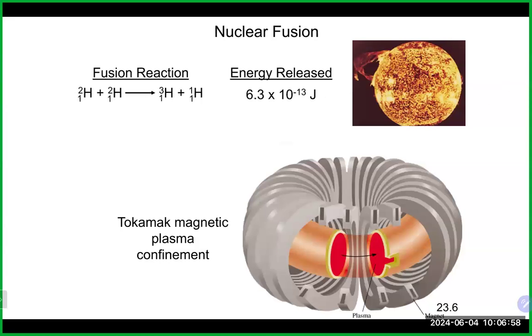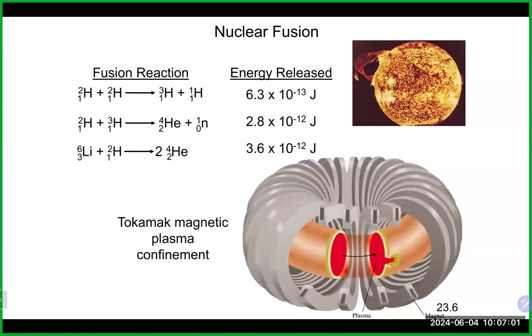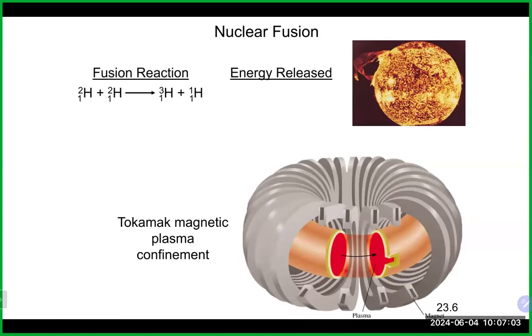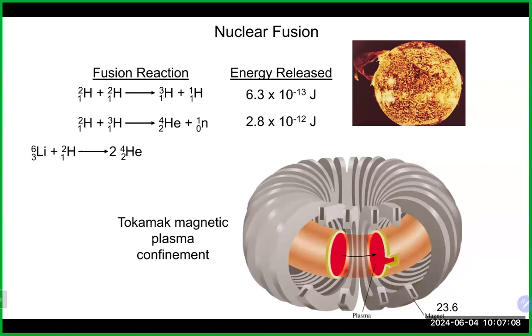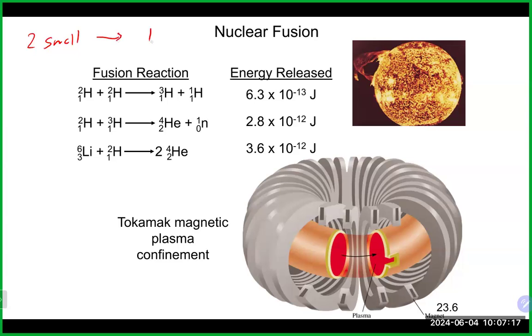Now, fusion, on the other hand, is a little bit different than fission. Fusion is when you take two smaller isotopes and put them together to make one. You combine them, and it occurs at very, very high temperatures, like sun-type temperatures.